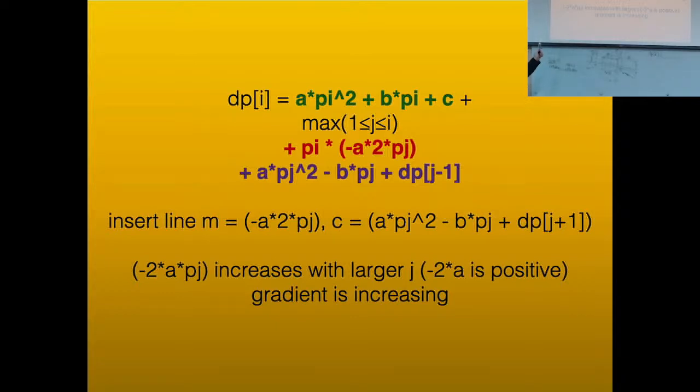So this m can only increase. That's why I say the a must be in the m, cannot be on the x, because otherwise the gradient will decrease. And because this is a maximum problem, just now I showed the minimum problem.